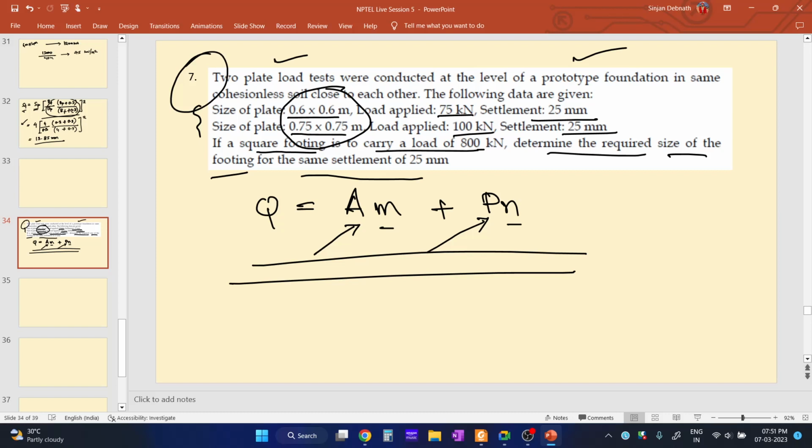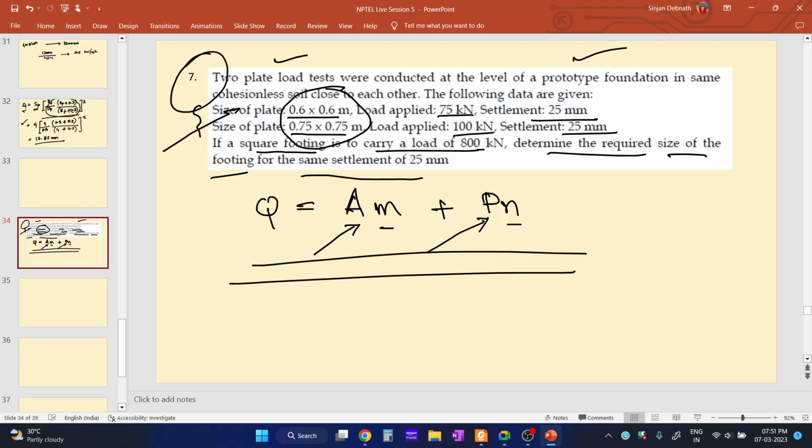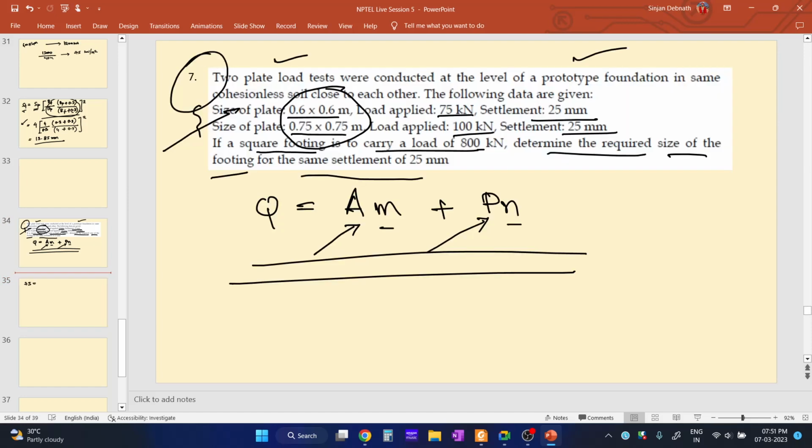So for the first case, for the 0.6 by 0.6 plate, what will be Q? The load acting is 75 kilonewton. So 75, this is the Q. What is area?